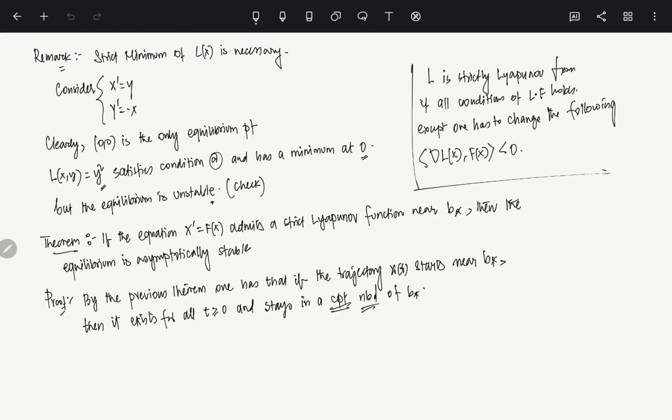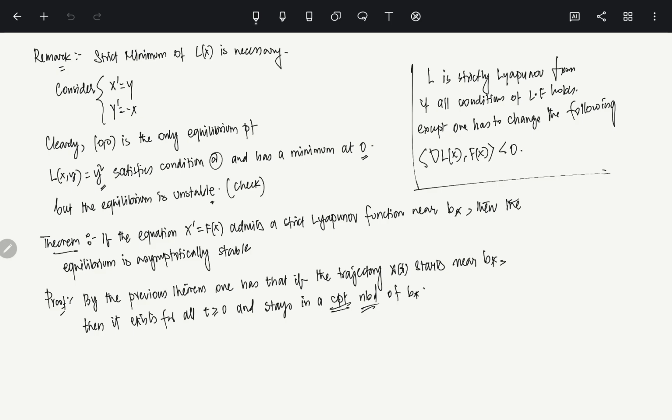Now, for stability it just has to be in the neighborhood of B star. It cannot move away from B star. That's the point. For asymptotic stability, it has to converge toward B star.